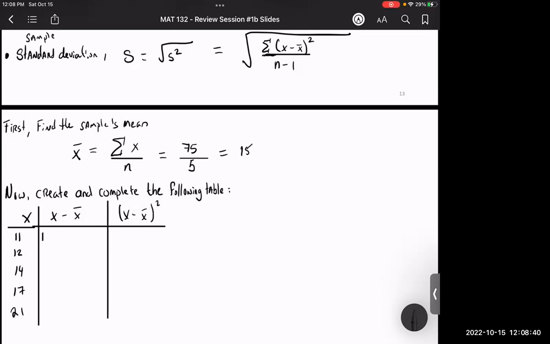So we do 11 minus 15, 12 minus 15, 14 minus 15, 17 minus 15, and 21 minus 15.